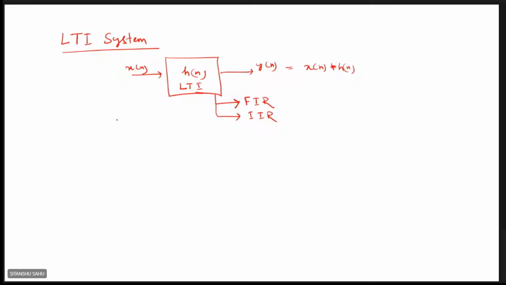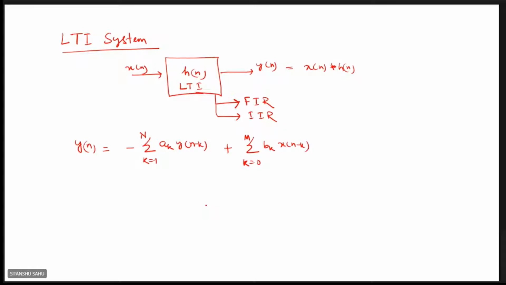So now this y of n, how can I write this y of n in difference equation form? We write the difference equation form as y of n equal to summation k equal to 1 to N a k y of n minus k plus summation k equal to 0 to M b k x of n minus k.